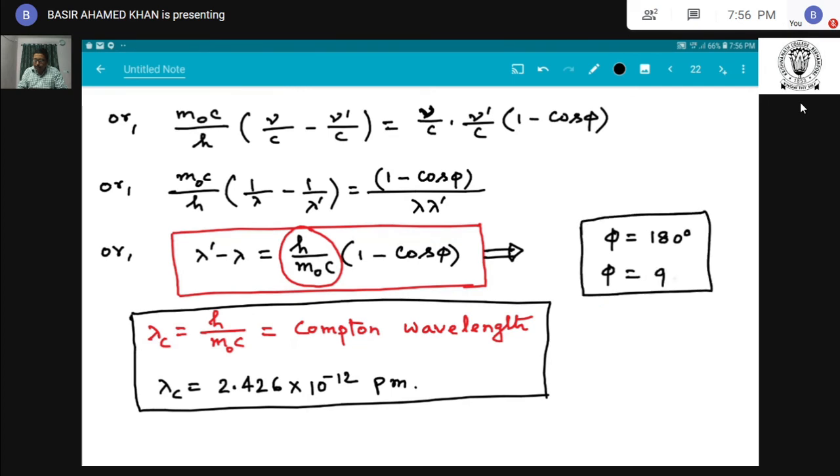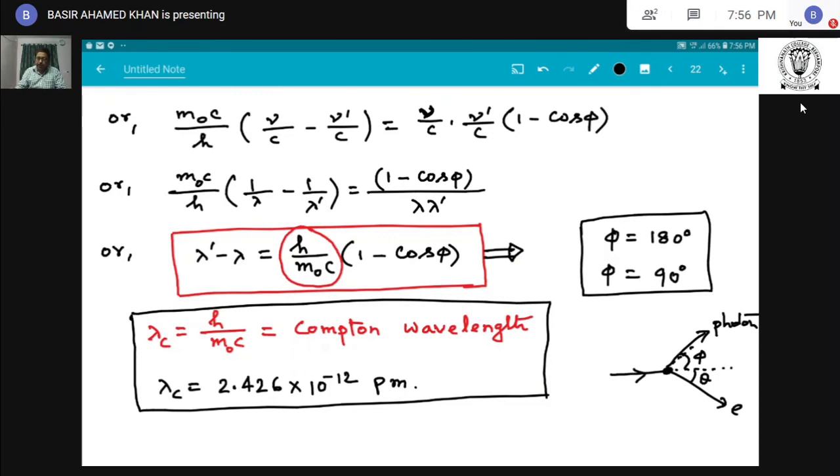This is the incident photon, this is angle phi of the scattered photon, and this is angle theta of the scattered electron. Phi of 180 degree means just the opposite direction of the incident photon.